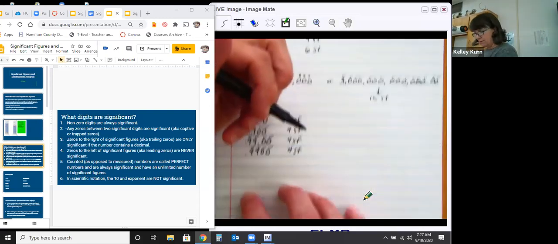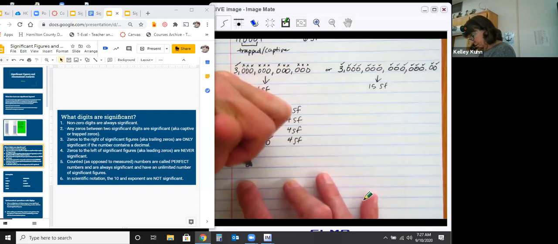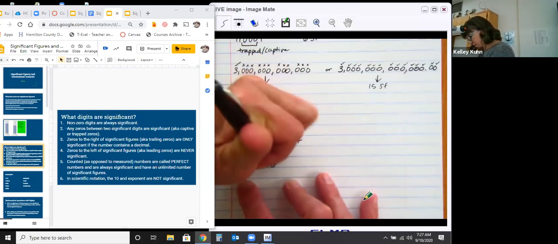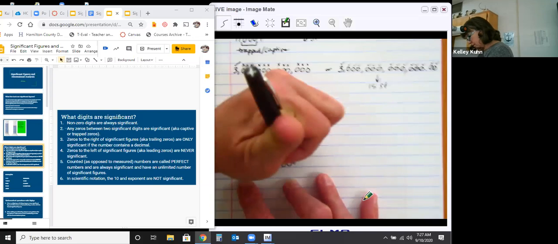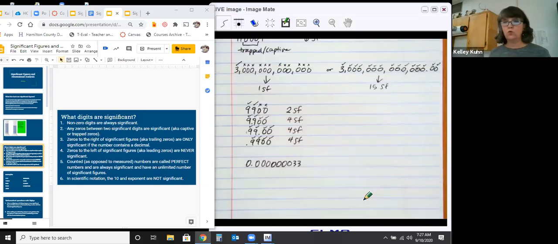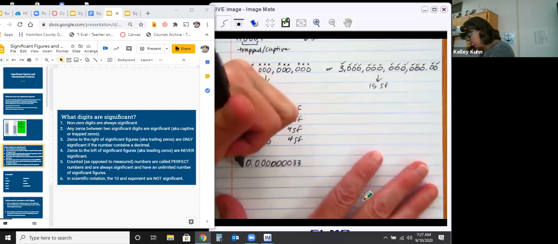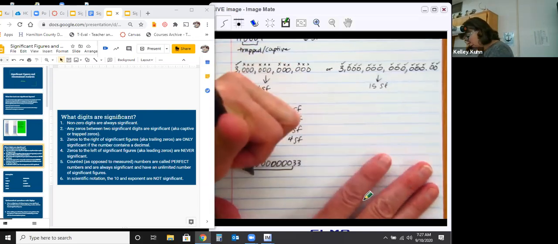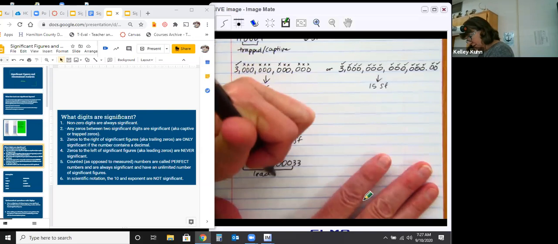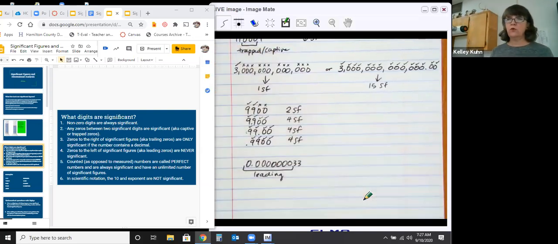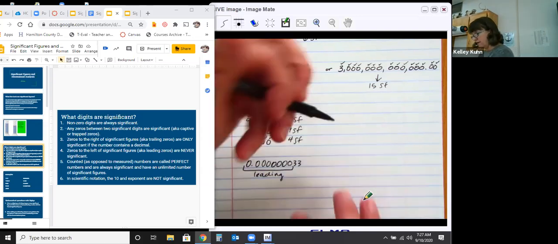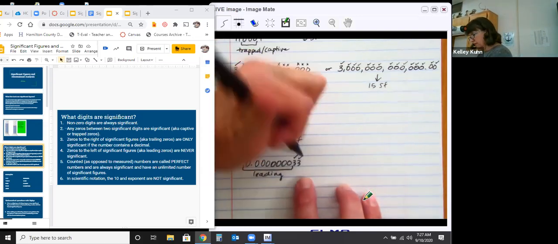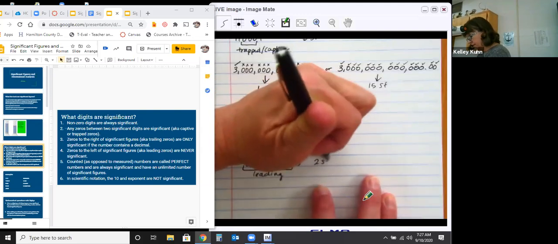Likewise, if I have a number that's really small, those leading zeros, the ones to the left, are simply showing me how tiny that number is. So once again, they're placeholder zeros. They're not really part of the measurement. So leading zeros are never significant. So we would say that this number only has 2 sig figs.